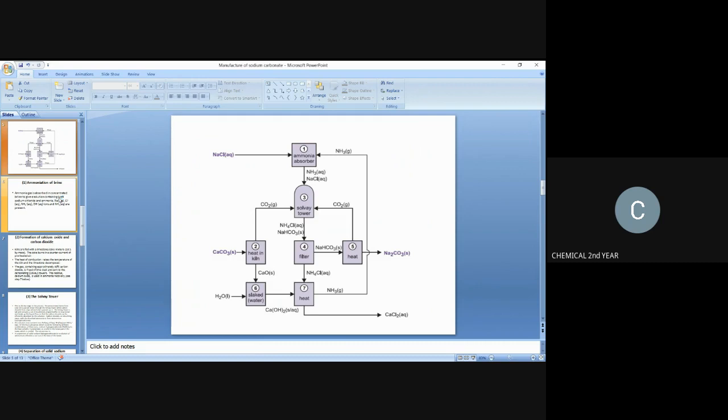The calcium oxide from the second step is passed to the slaked water tank. In this, water is added to get calcium hydroxide. This calcium hydroxide and ammonium chloride are fed to the seventh step and heated for the ammonia recovery process. Finally, calcium chloride is the byproduct and the ammonia is recycled.